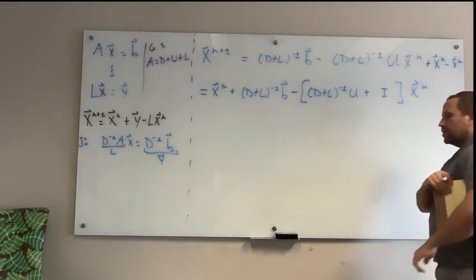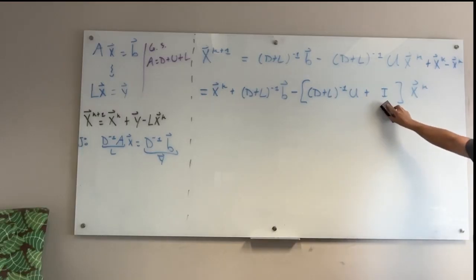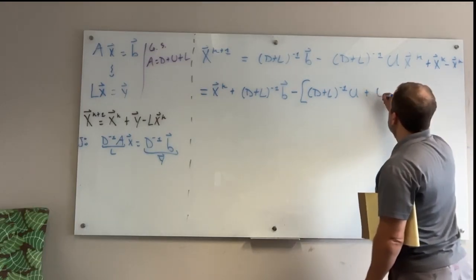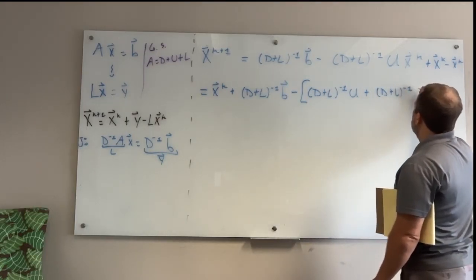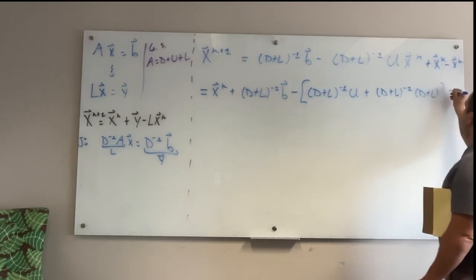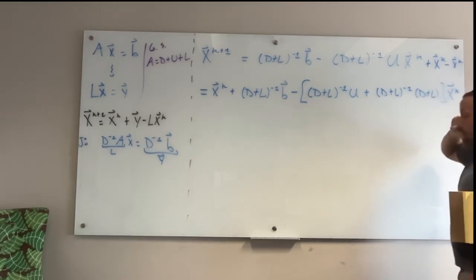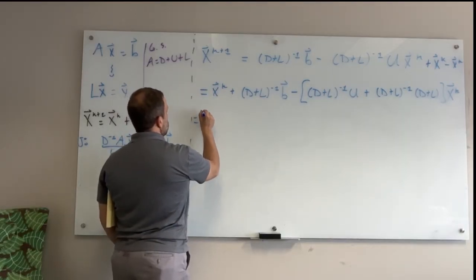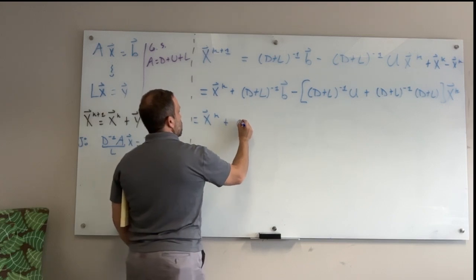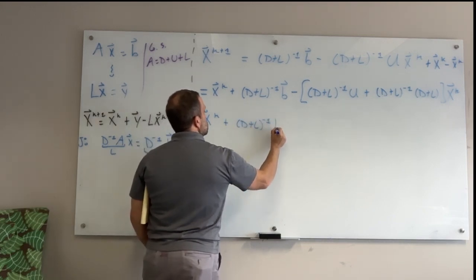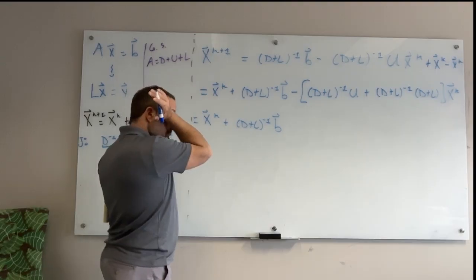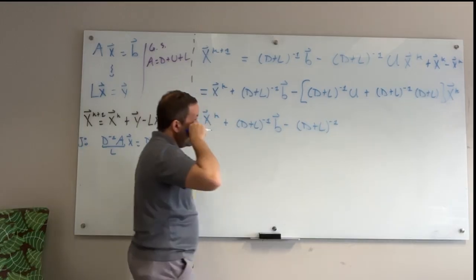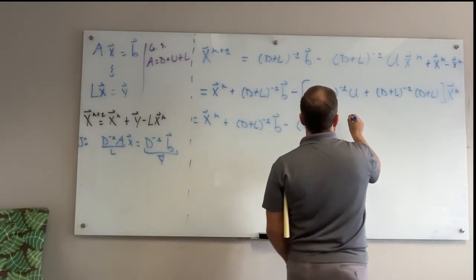Now we can do something very similar to what we did before. The identity matrix we can write as (D+L)^{-1} times (D+L). Great, so now I've got a (D+L)^{-1} I can factor out. On a new line: x_k plus (D+L)^{-1} b, and then minus (D+L)^{-1}.